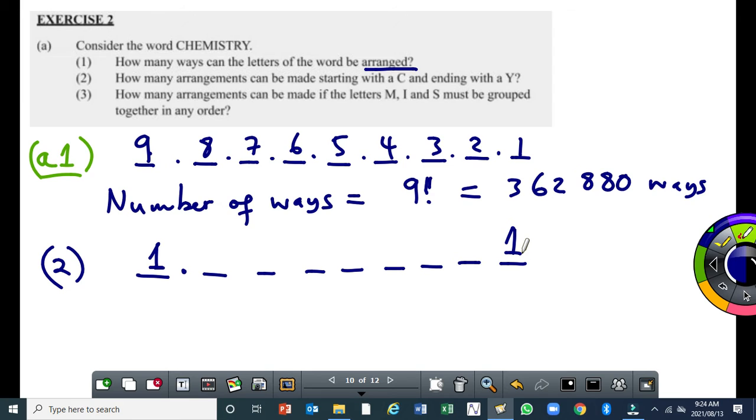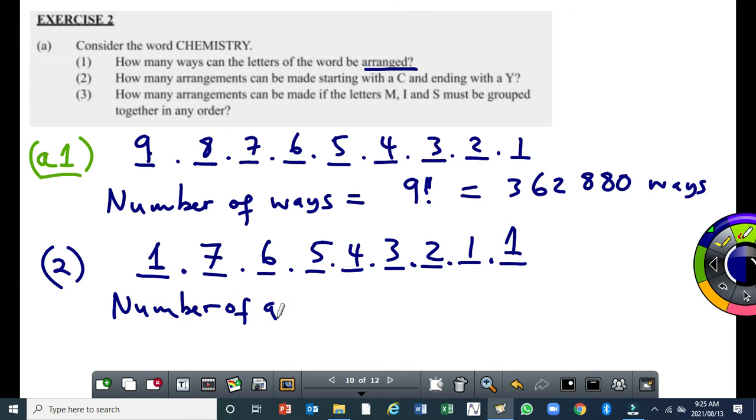Then the second position, after fixing the first letter and the last letter, how many letters are left? 7. There are 7. So this position, all 7, they take it. Then 6, 5, 4, 3, 2, 1. Then use the fundamental counting principle. So I'll say number of arrangements, I can say 1 times 7 factorial times 1.